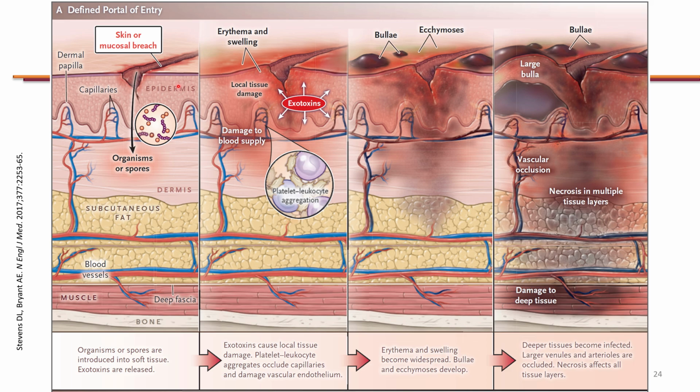And one thing that's important to understand about the pathophysiology of necrotizing soft tissue infections is the presence of toxins. So the two or three common organisms that cause necrotizing infections: group A Streptococcus, which is Streptococcus pyogenes, is known for producing exotoxins.